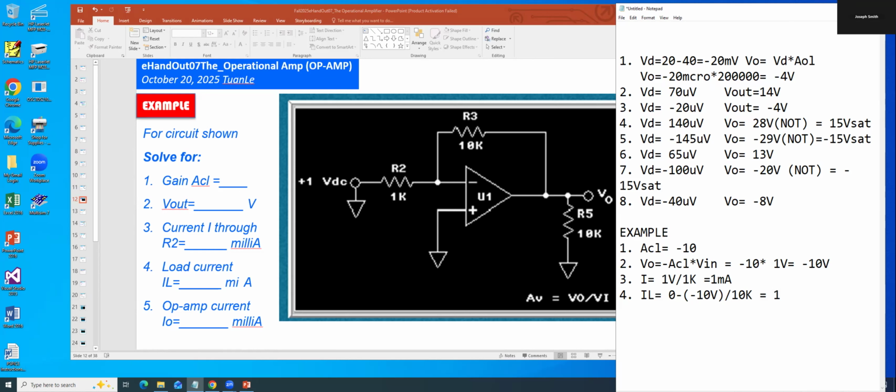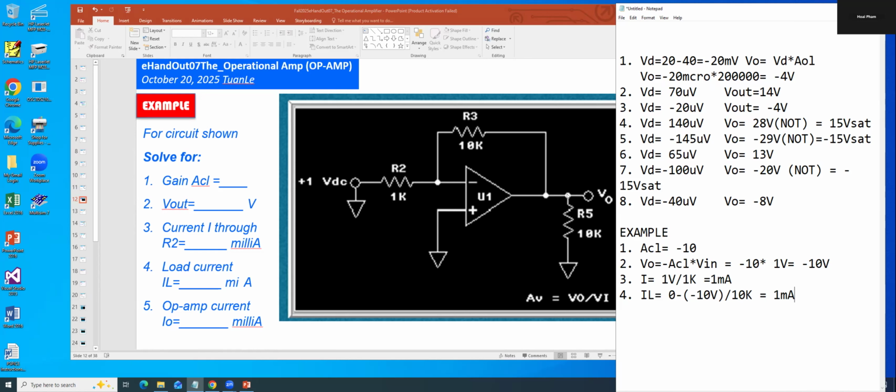Okay. But go ahead, finish writing. I have a question after you write. Okay, Mr. Pham. So the zero is because that comes from ground, correct? Right. And then the minus 10 volts, that's V out, minus 10.